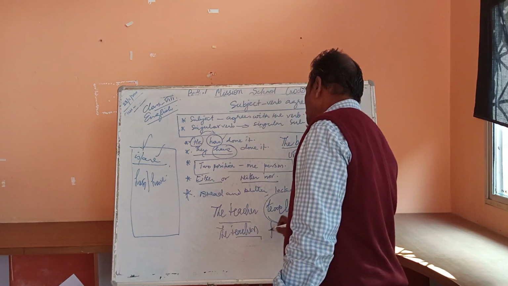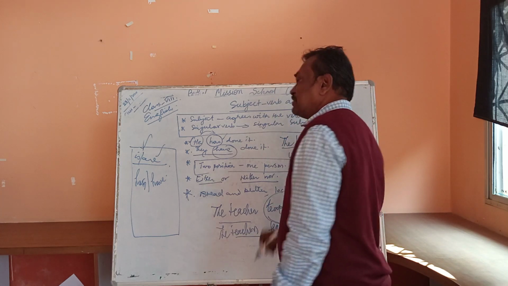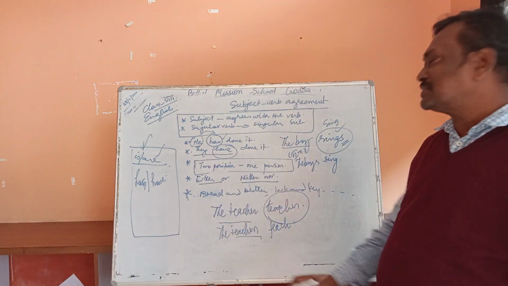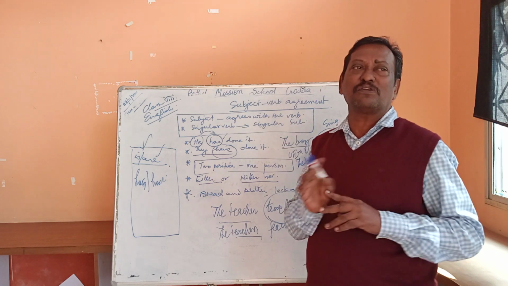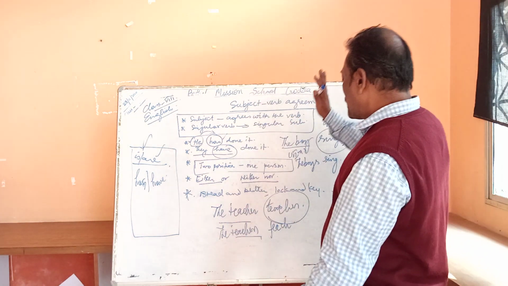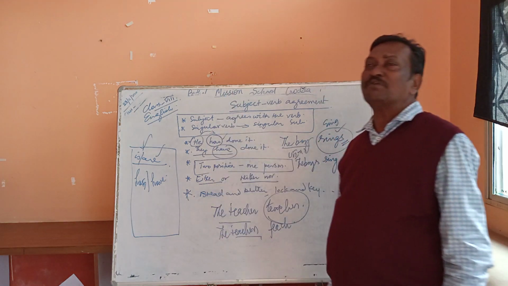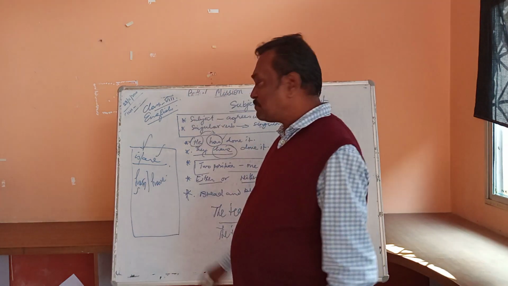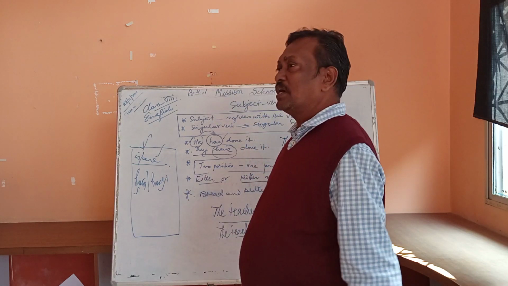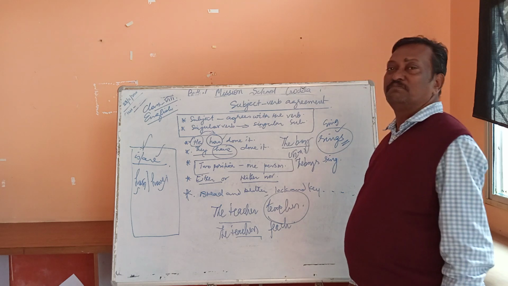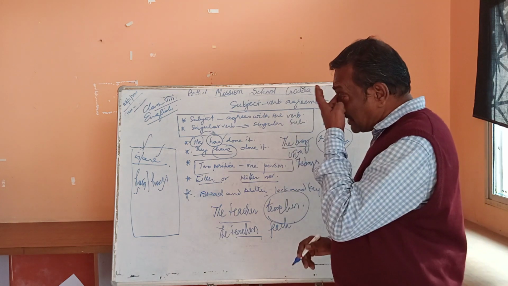And here it would be teach. So keep this rule in mind. This is the most important rule. This is actually the fundamental rule of grammar. A singular subject will always take a singular verb and a plural subject will always take a plural verb. Has is a singular verb, have is a plural verb. Is is a singular verb, are is a plural verb. So keep this in mind.